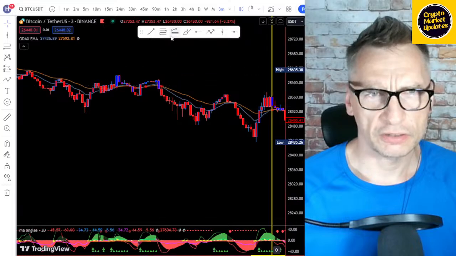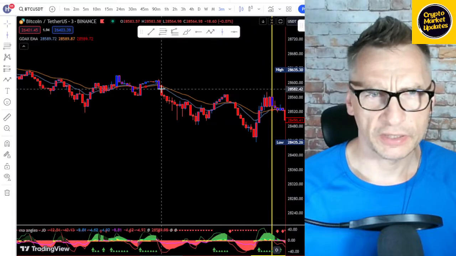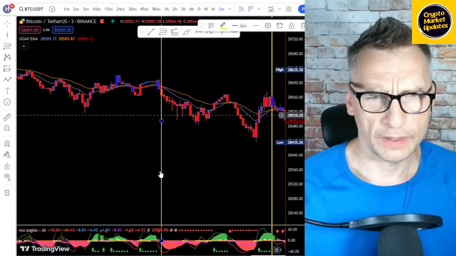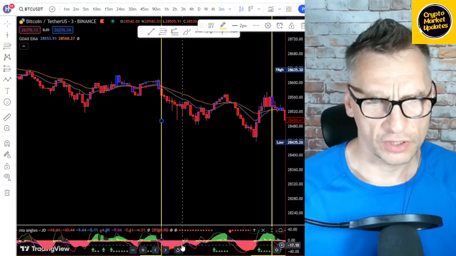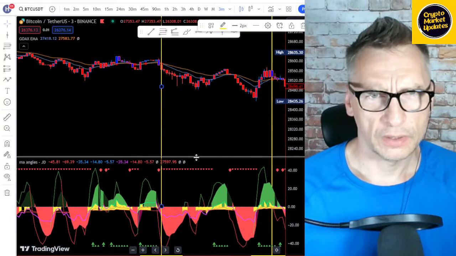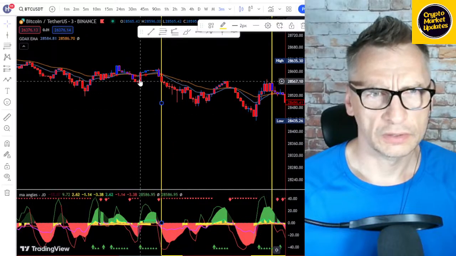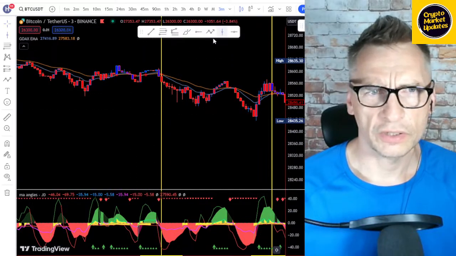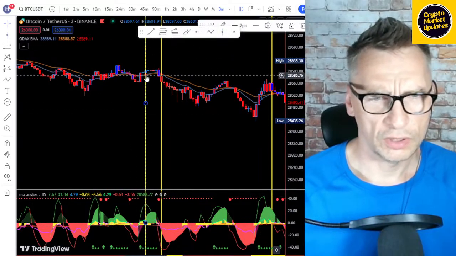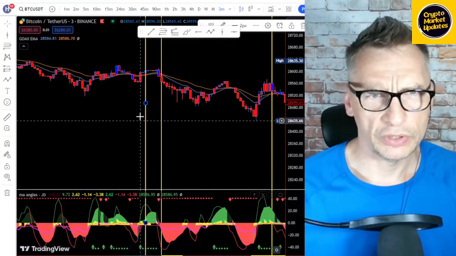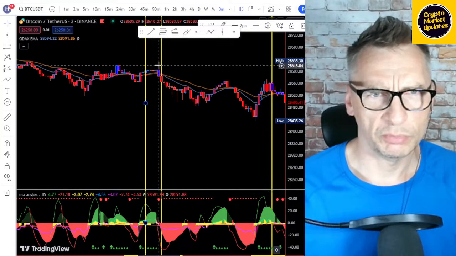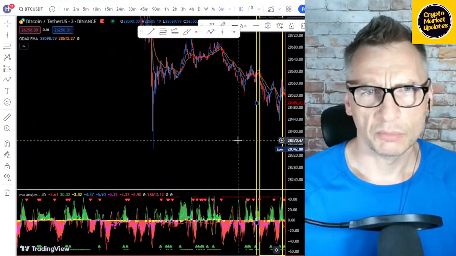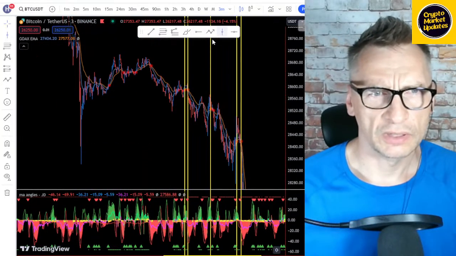Here's an indicator or buy signal rather, right here, and the angle does actually go in the red right here. Here's another signal, buy signal, and this would be to buy, but again you'd be at a loss here because the market's going down essentially.